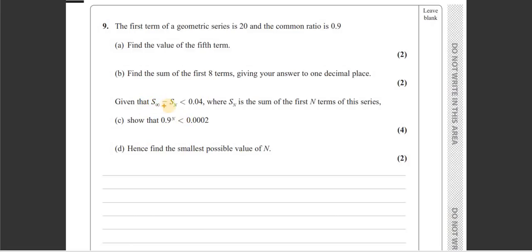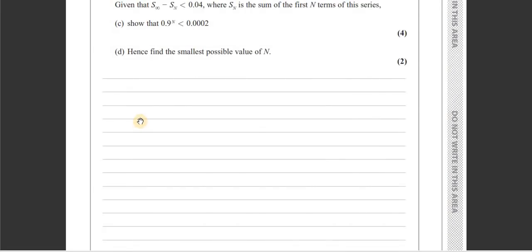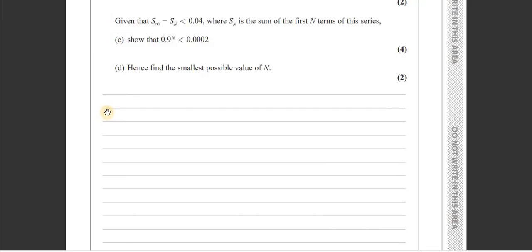Okay, so fine. This is S infinity. You know that S infinity is A upon 1 minus R. This is the formula for S infinity, and you can say that S infinity is 20 divided by 1 minus 0.9.